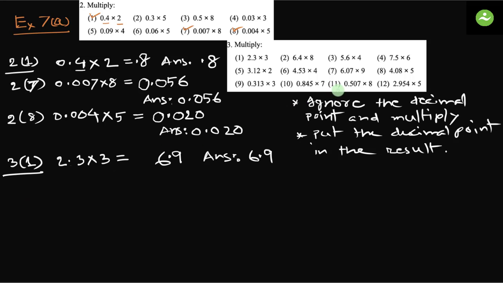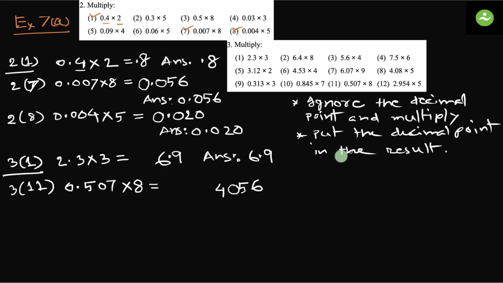Let us do number 11. Question number 3, bracket 11. 0.507 multiplied by 8 equals. 7 into 8 is 56. 6 here and 5 in hand. 8 into 0, so we can put the 5 here. 5 into 8, 40. 0, 4.